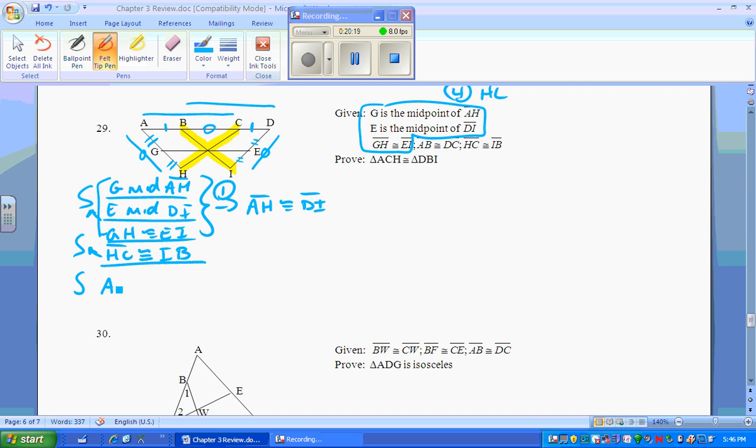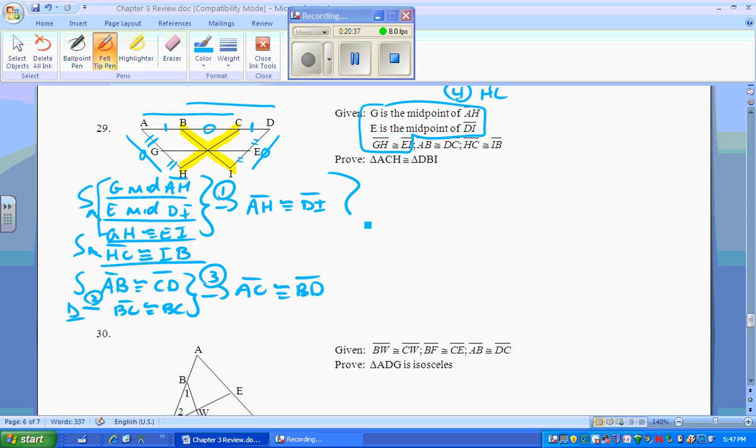And then for the third one, we have AB congruent to CD, and then the reflexive piece of BC being congruent to BC. We can add and say AC is congruent to BD, giving me the reason for triangle ACH being congruent to triangle DBI.